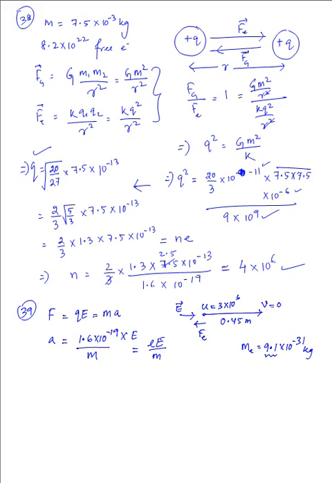Now what has been provided is that this negative acceleration has resulted in a change in velocity over the distance 0.45. So S is equal to V square minus U square over 2A. So that means we have S, that is 0.45, equal to V square, that is 0 squared, minus u squared, which was 3 times 10 raised to the power 6, squared, divided by the acceleration, which was negative, of course, that is e times E over m.